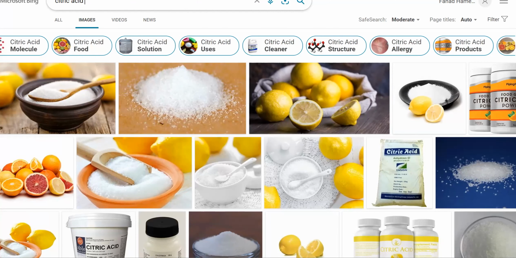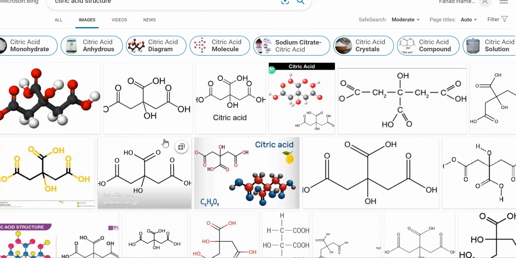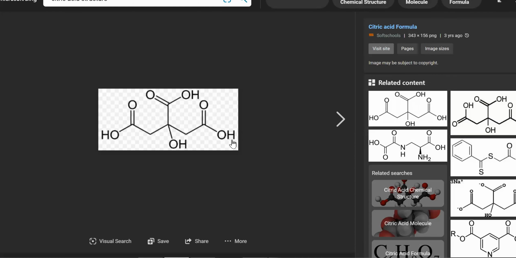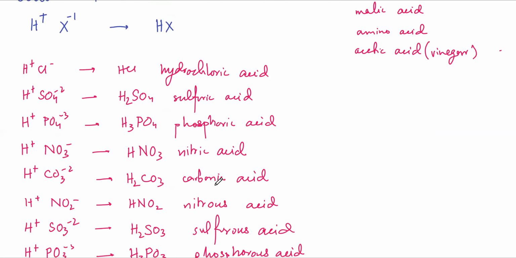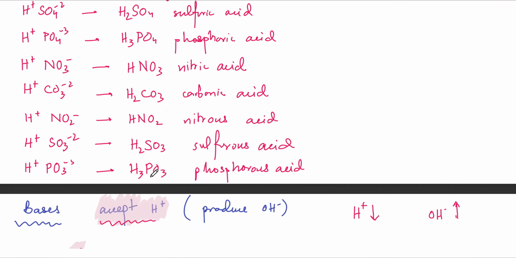Yep, this is a citric acid molecule. What happens when citric acid reacts is this H plus 1 at the ends, 3 of them, all break off and are released as H plus 1. So citric acid produces H plus 1 ions when you dissolve it in water. We're going to do organic acids later, but you must know these formulas by heart.